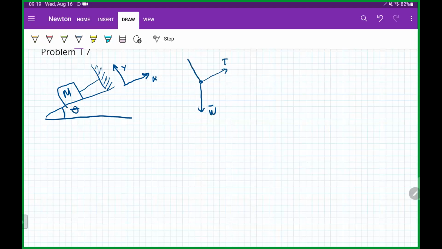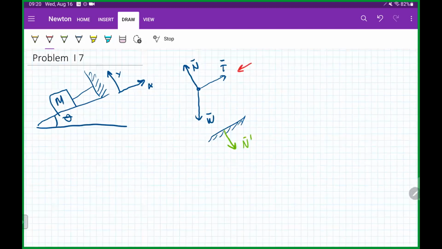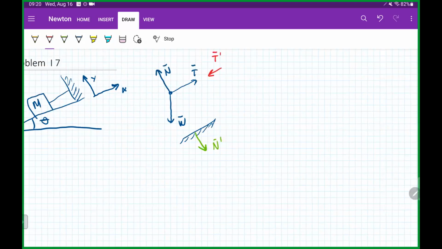We have normal. And I wanted to use some color to draw the reaction pair of the normal on the floor. That would be N prime, and the reaction of the tension, T prime, on the rope.